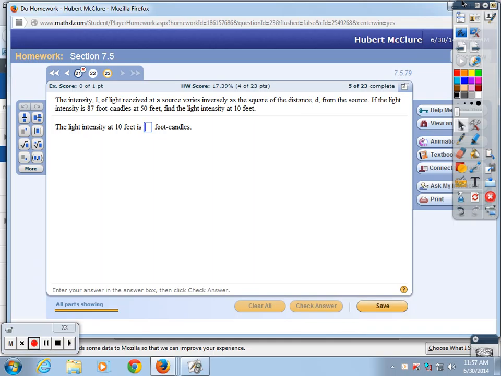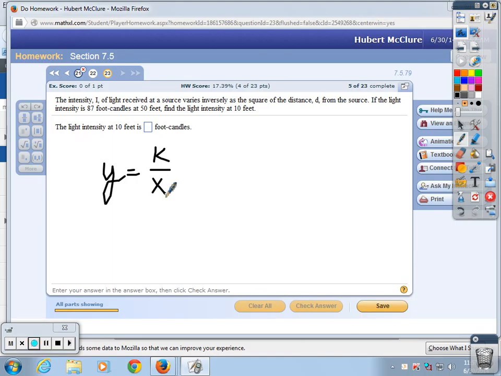So, varies inversely. Y is equal to what? Y is equal to K over X. So I is equal to K over what? D squared.